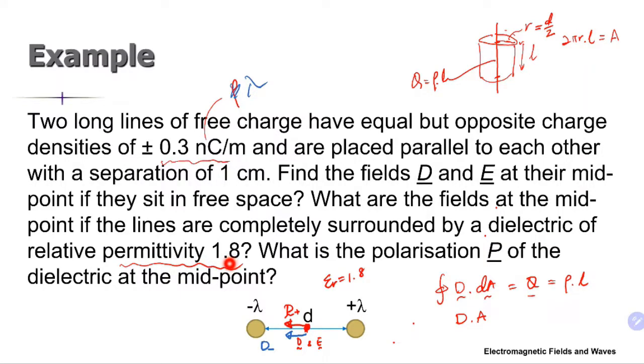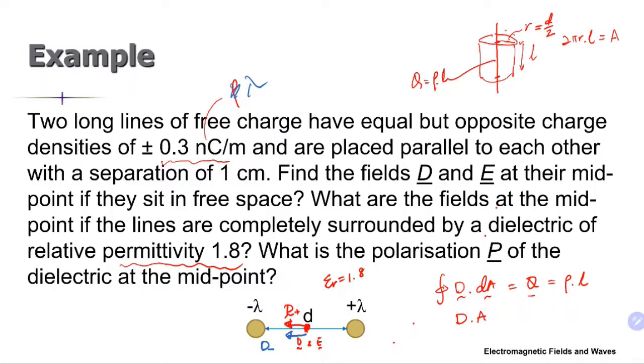If you put the line of charge in a dielectric, the electric field will reduce by 1.8 if the relative permittivity is 1.8. The electric flux density stays the same, it doesn't change. It's just the electric field reduced by a factor of 1.8 due to polarization.